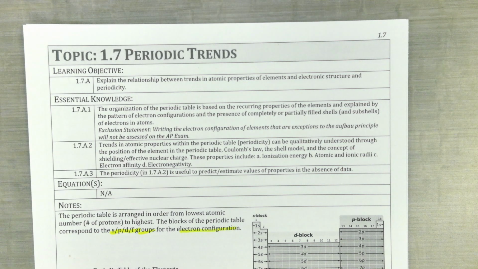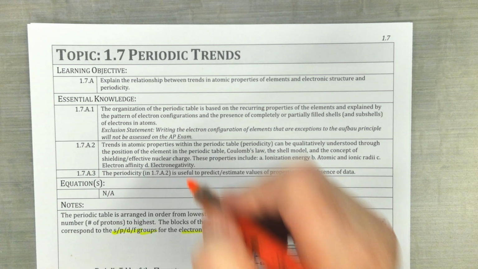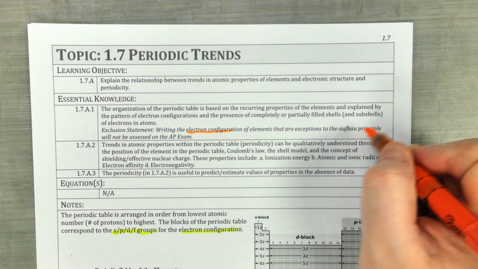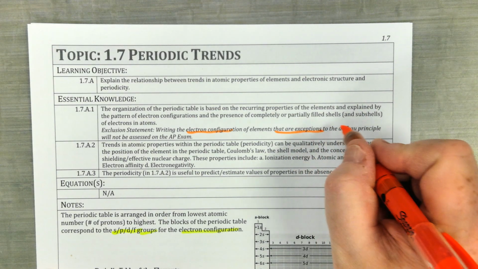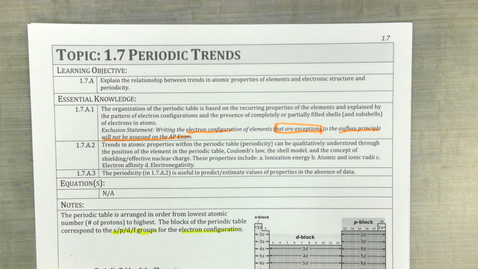Now, one thing you have to remember is that writing the electron configurations that are exceptions to the Aufbau principle will not be assessed.